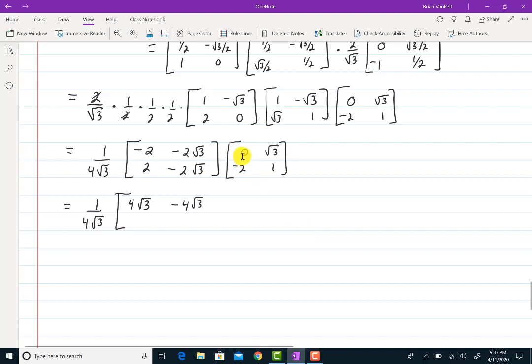And then 2 times 0 doesn't do anything, but negative 2 radical 3 times negative 2 radical 3 is 4 radical 3. And this last one, hoping it'll be 0. 2 times radical 3, 2 radical 3 minus 2 radical 3 is in fact 0, because this will turn out to be 1, 1, negative 1, 0, which was A.